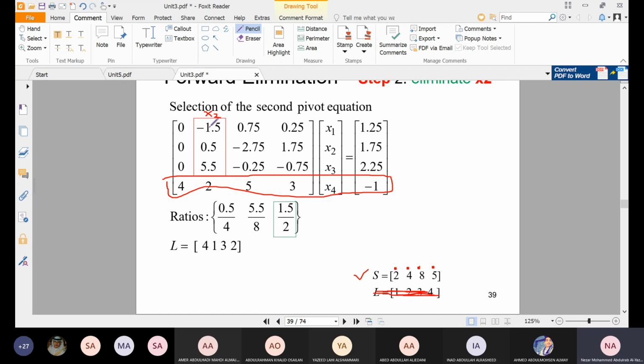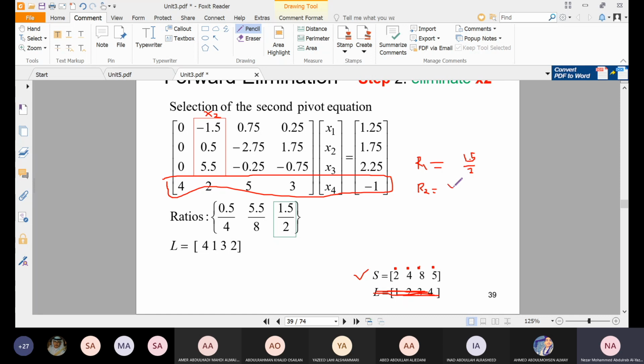So we need to compare now, because here I have only row number 1, row number 2 and row number 4. So we take the ratio. For row number 1, the element in the pivot position I will take is 1.5, the absolute value, over the scale factor, which is 2. For row number 2, I look for the coefficient in row number 2, which is 0.5.